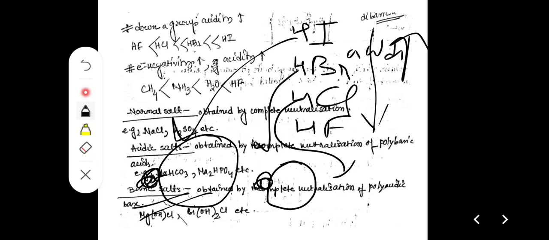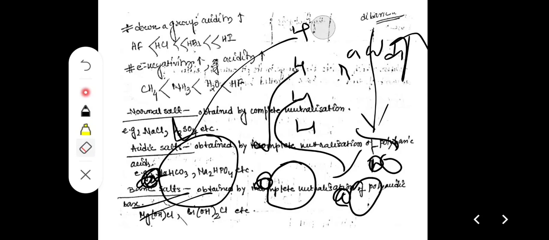Then chlorine, and last, fluorine. So from HI to HF, the size of iodine is the highest, then Br, then Cl, then F. From I, Br, Cl, F, size decreases.